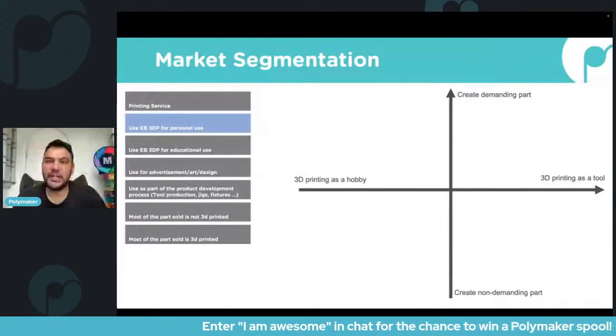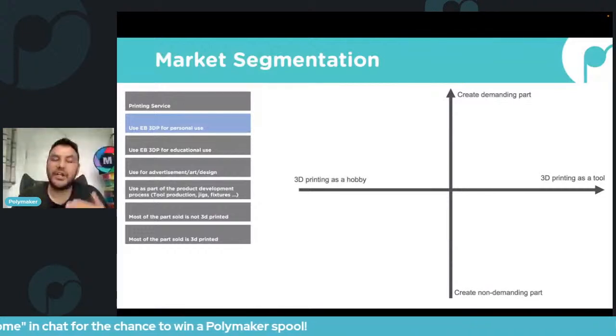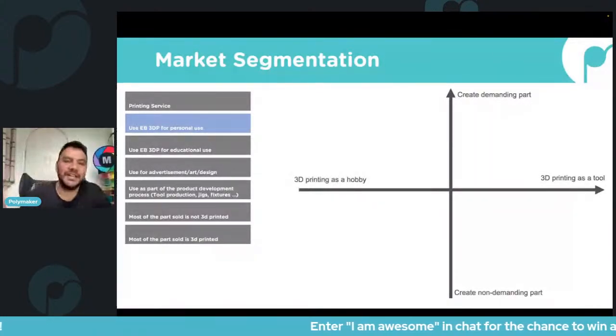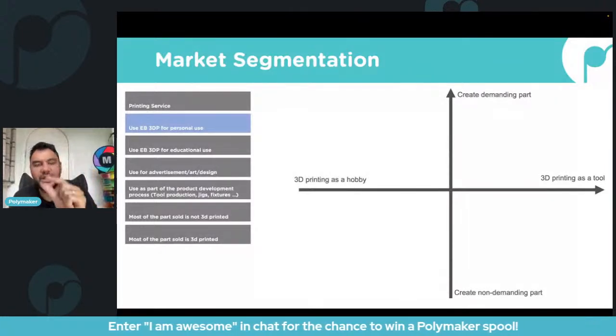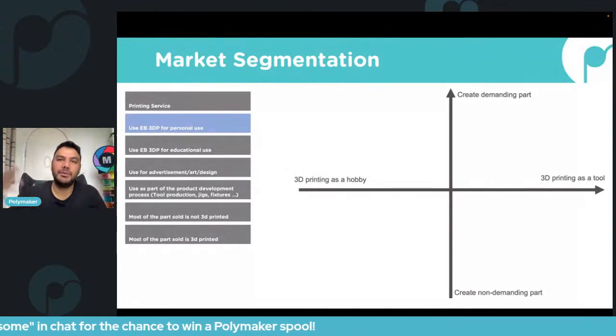But I'm pretty sure if we dive in, there must be somewhere a community of 2D printer users that likes to modify their 2D printer. I'm pretty sure there is, right? But it's a tiny, tiny part. 3D printing is different at the moment, but maybe we will become this.